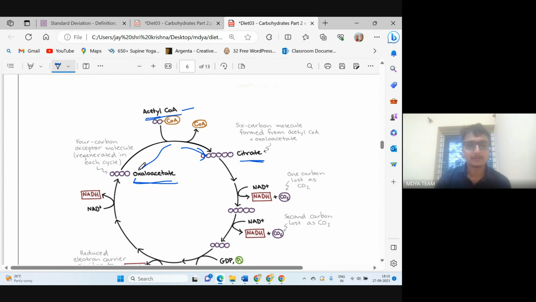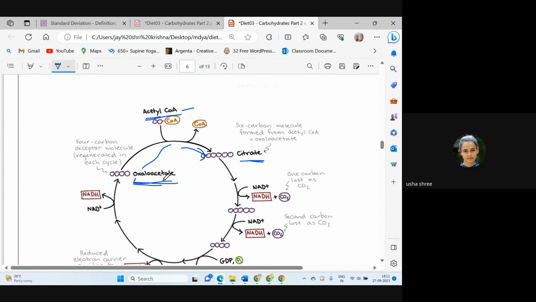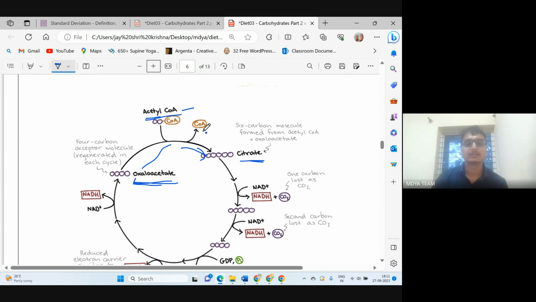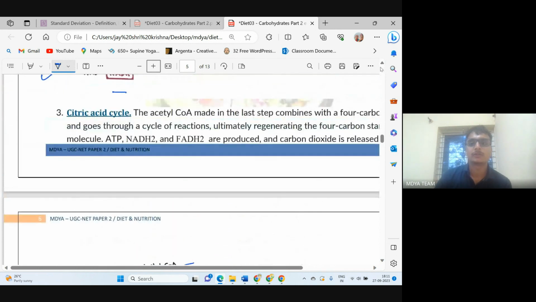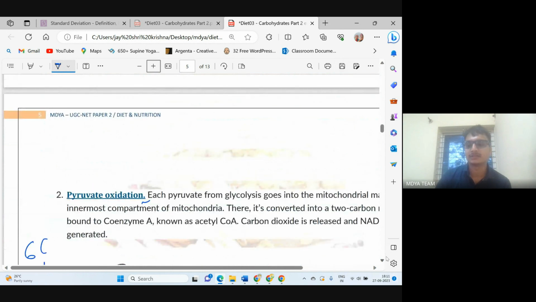Is this step clear to everyone? Oxaloacetate combines with acetyl coenzyme A and releases coenzyme A. Coenzyme A is released, and the acetyl and oxaloacetate form citrate. This acetyl coenzyme A is the same acetyl coenzyme A produced from pyruvate oxidation.